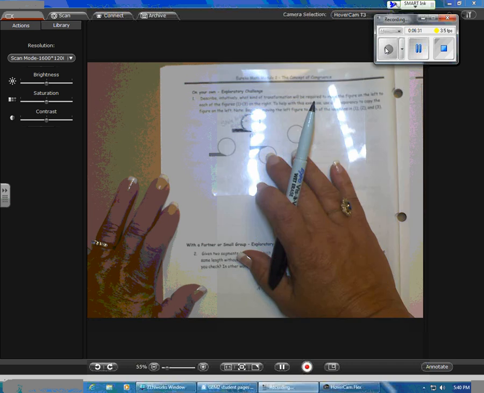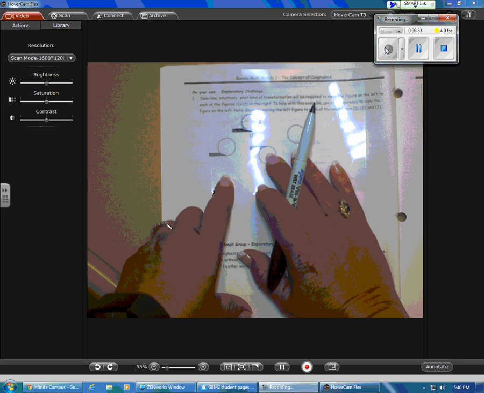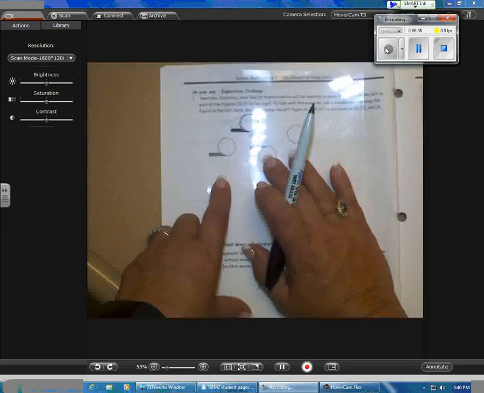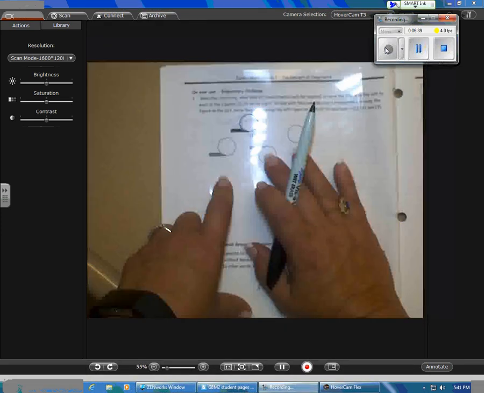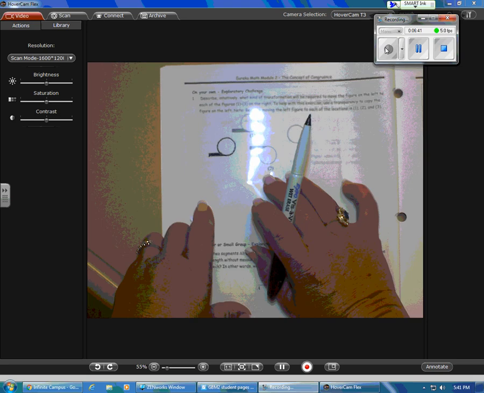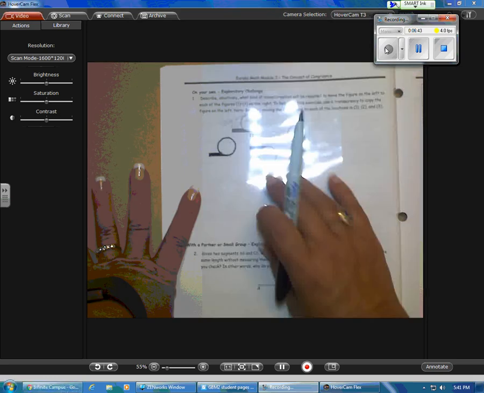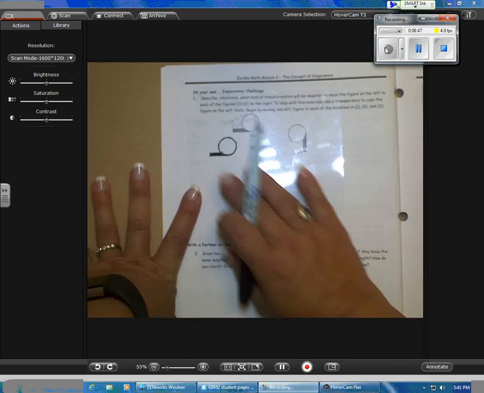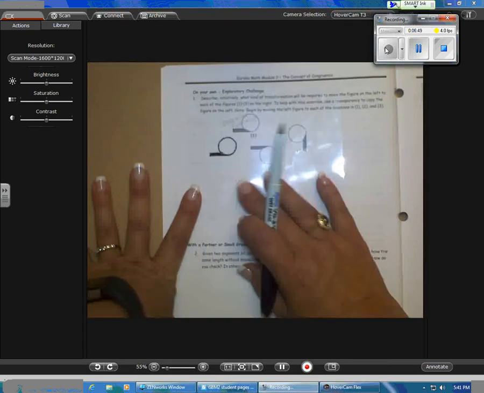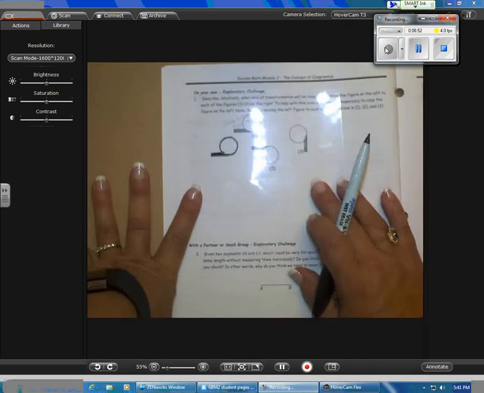The shaded part from the pre-image maps to the shaded part on the image. The pre-image is where we're starting. The image is where we're moving to. If you're comfortable, go ahead and pause the video and see if you can figure out what kind of moves we're talking about to go from the pre-image to image 2. So go ahead and play around with it a little bit.